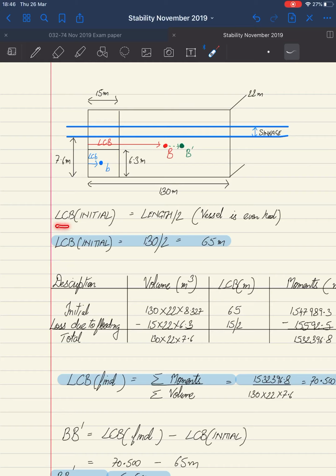Now initial longitudinal center of buoyancy is equal to length divided by 2 as the vessel is on even keel. This can only take place when LCG is equal to LCB and the vessel is on even keel.